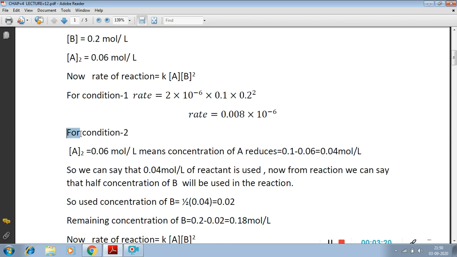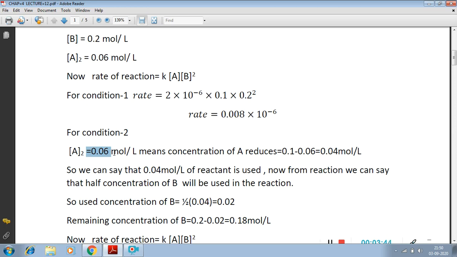Now for condition number 2, you have to understand that A is reduced to 0.06 mole per liter. Means now we have only this much amount of A left in the reaction mixture. Initially it was 0.1, and now this much amount is left.